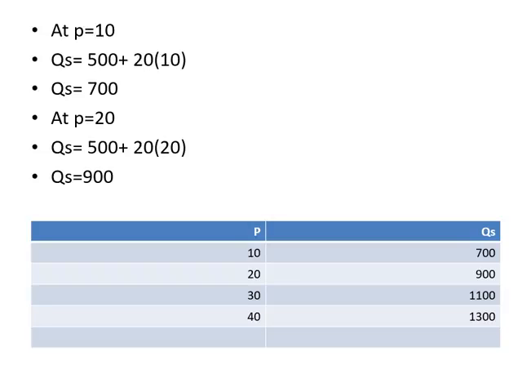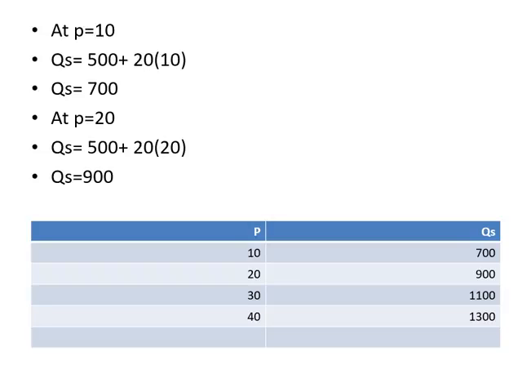The quantity supplied is 700. And when price is 20, what do you think? If price increases, what would happen to QS? As we have learned before, when price increases, this would encourage producers to produce more goods and services. So QS equals 500 plus 20 times 20, QS equals 900.